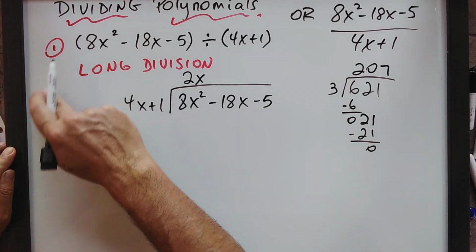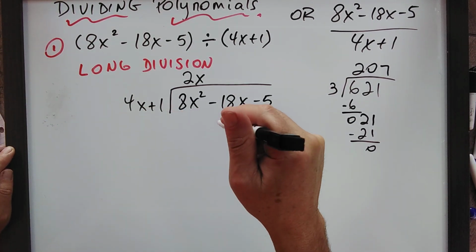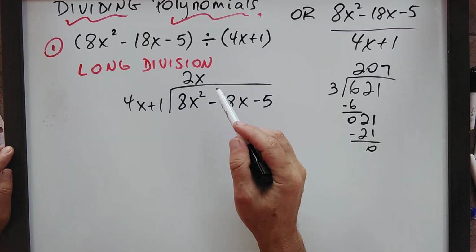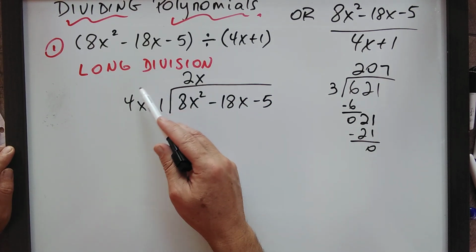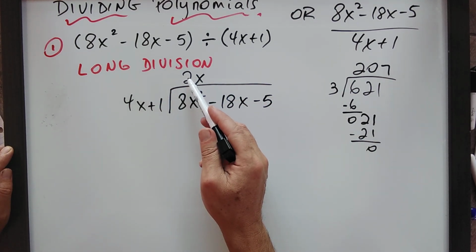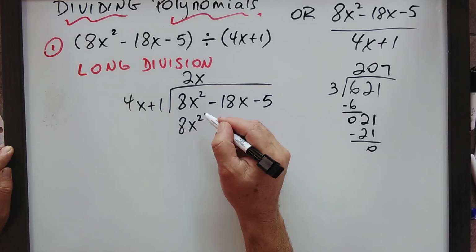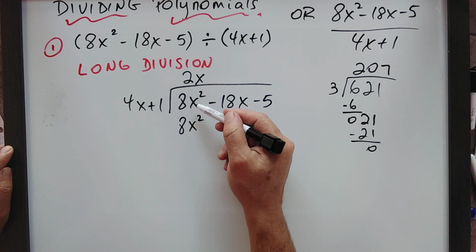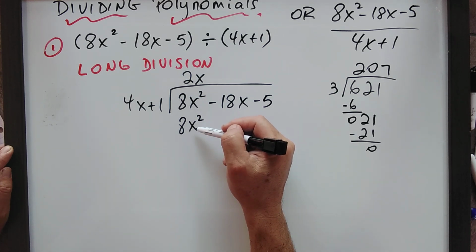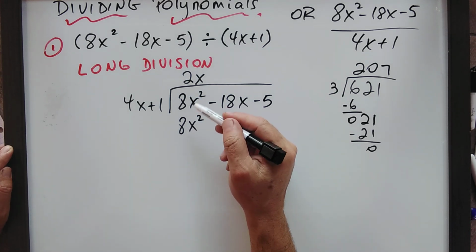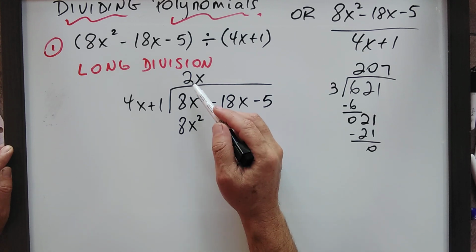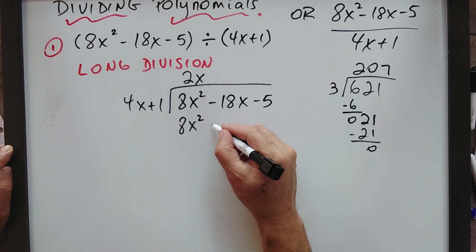So that's what I get when I divide 8x squared by 4x, and now what do you do with this? You multiply. You distribute 2x times 4x, 8x squared. You're always gonna get the same as the first term; if you don't, that means you didn't divide right. Then 2x times 1 is positive 2x.